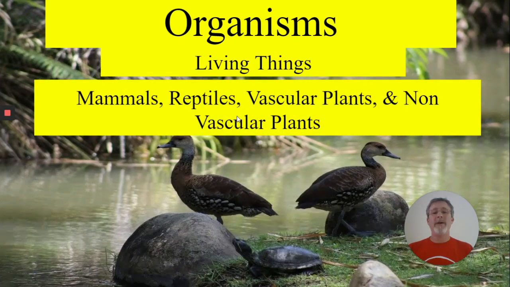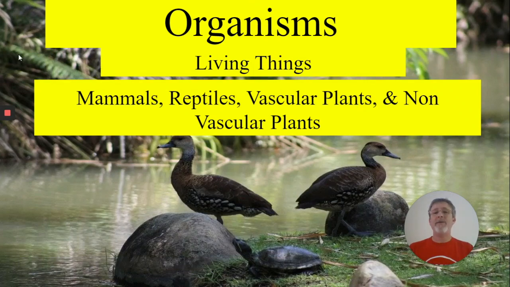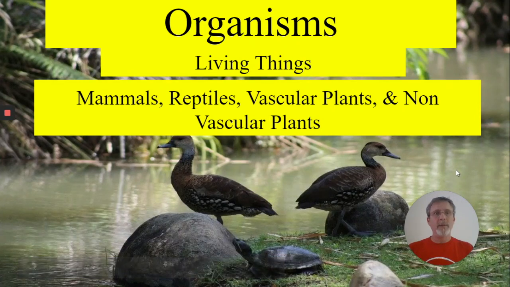I see some reptiles, this little turtle. I see some vascular plants, which means tube stem plants. There's some back here. There's some back there. And I see one non-vascular plant down here on the bottom. I see a little bit of moss down near this turtle, and every time I move the mouse, it disappears.